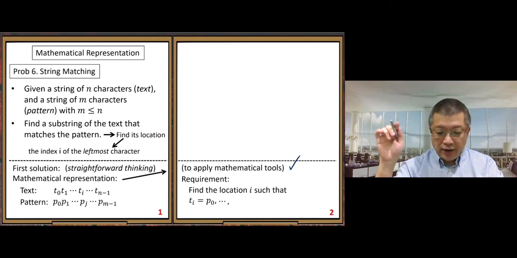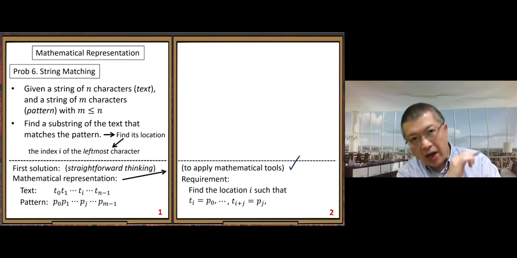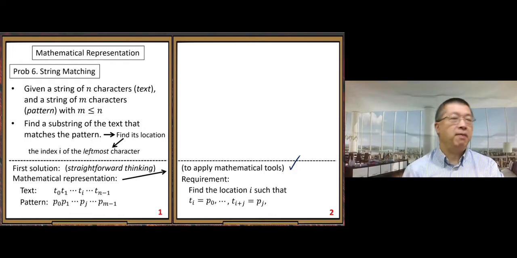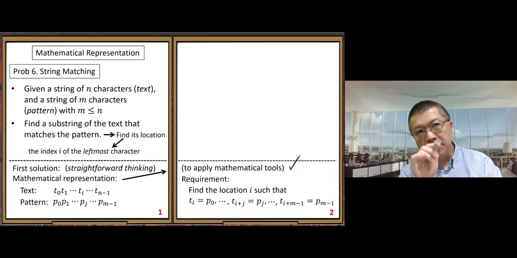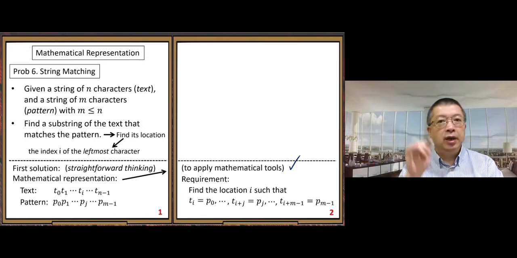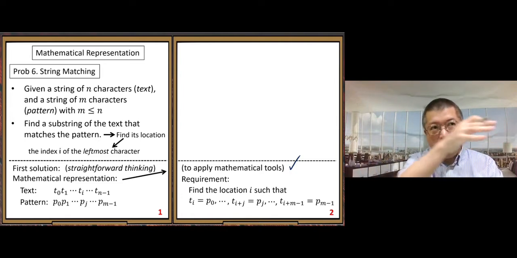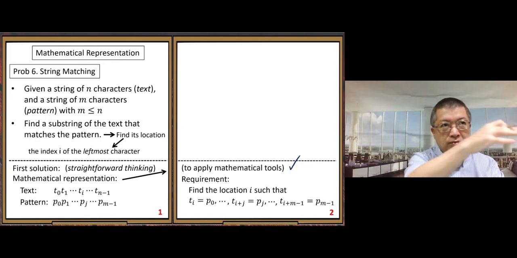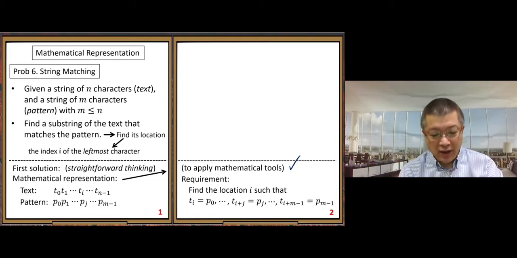The general case, t sub i plus j equals pj. The last one, t sub i plus m minus 1 equals p sub m minus 1. That simple. One by one, the corresponding positions all match in a perfect way, then we get a solution.